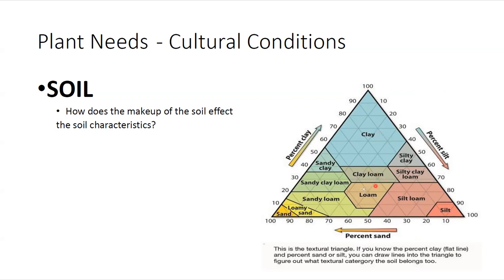Here, clay loam, a straight up loam, sandy loam, sandy clay loam, loamy sand, silty clay loam, etc. Okay, so it defines some inherent characteristics of the soil itself, and we'll get into what those characteristics are.